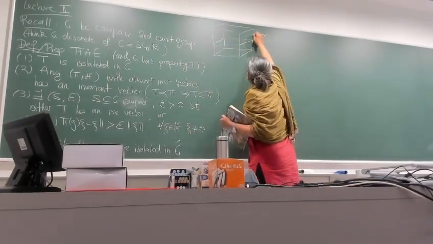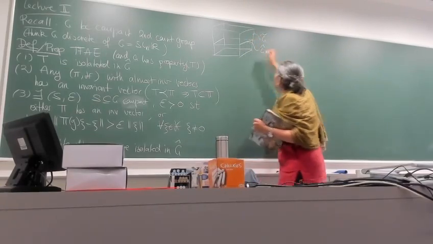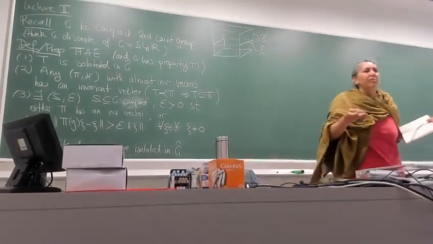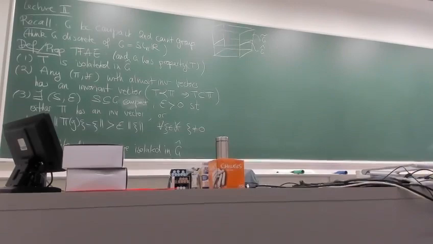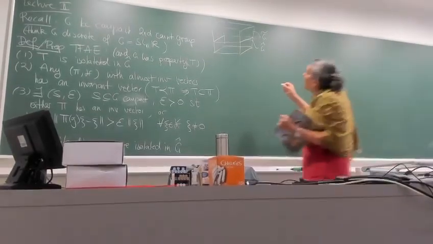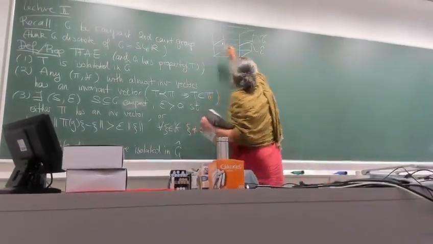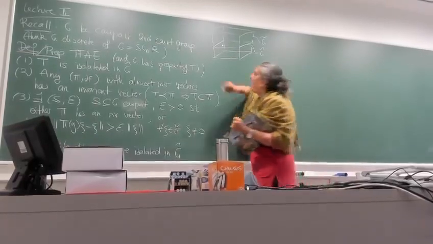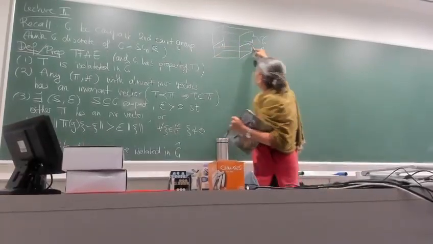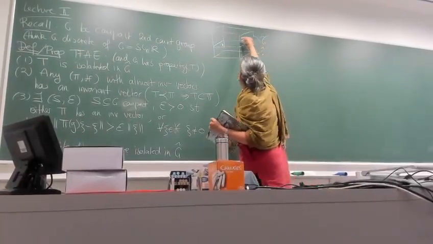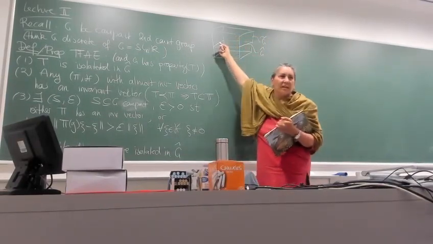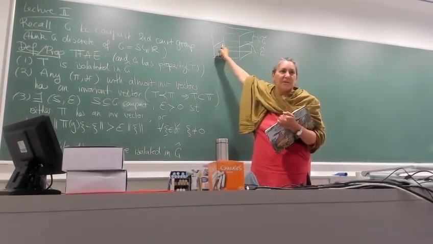So this is G twiddle, and then there's this G hat, which is the irreducible ones. They're contained in all unitary representations, and here you have the trivial one, and it's isolated when you're in G hat, but in G twiddle you can get close.